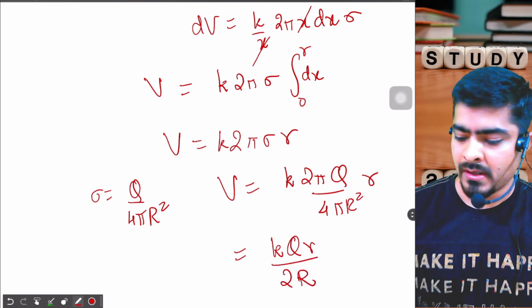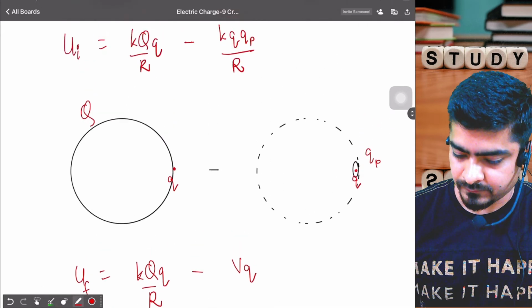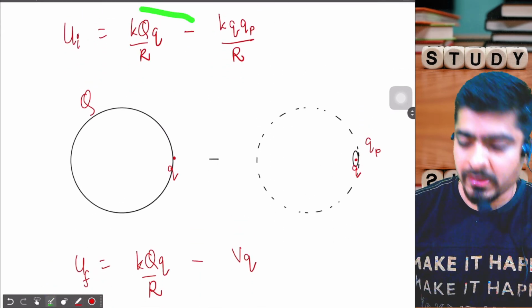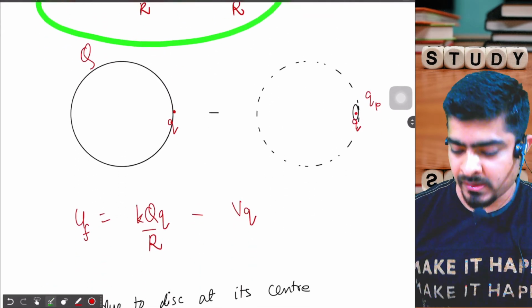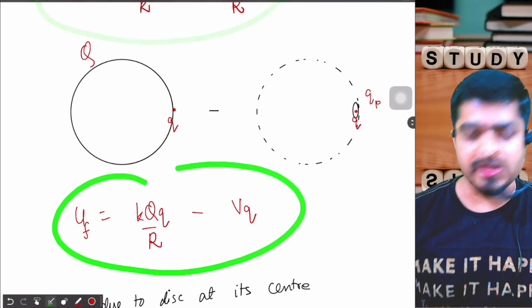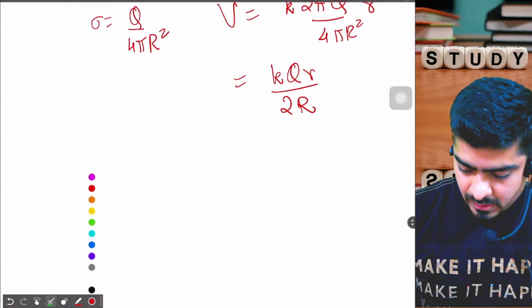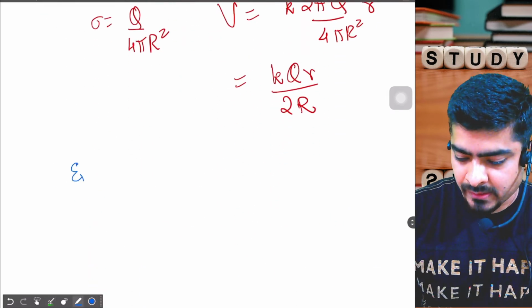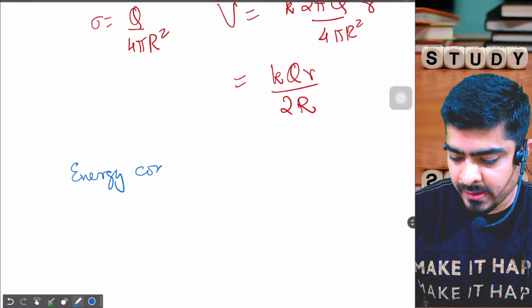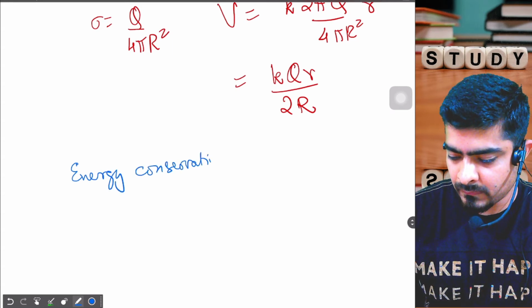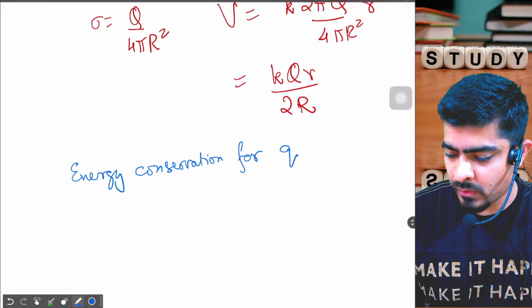Now I know the initial potential energy of the small q and the final potential energy of the small q. Now we apply energy conservation for the small q charge.